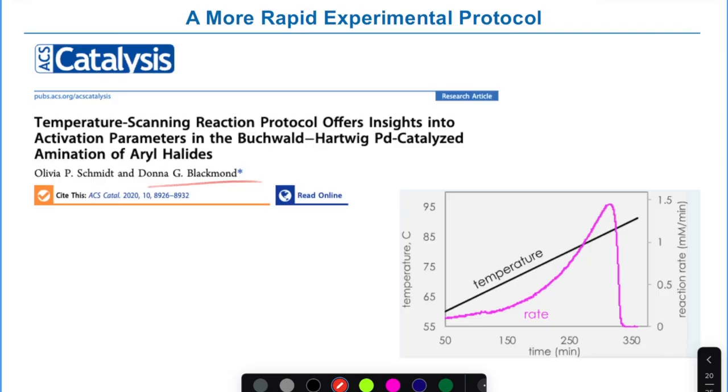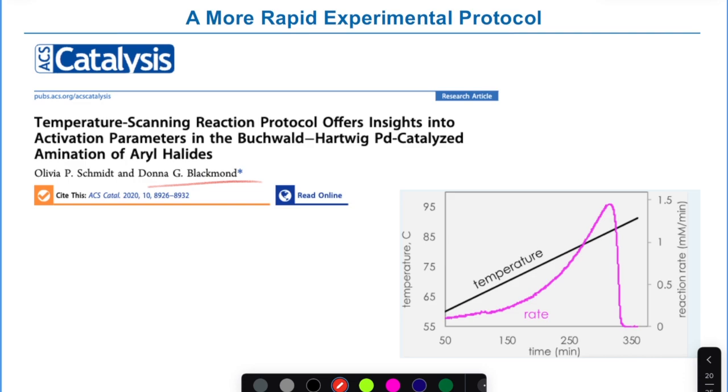We need a lot of data, and if every one of those reactions means setting up a reaction, doing a perfect kinetic measurement, extracting a K, doing it in triplicate, this is a lot of individual reactions you have to set up. It's a lot of material, and that's basically why most of the time Arrhenius plots are the last thing that you do after you've exhausted every other option, because it's a lot of work.